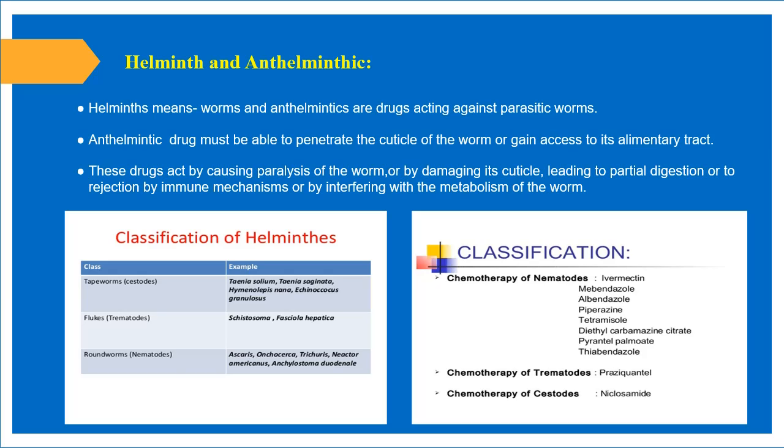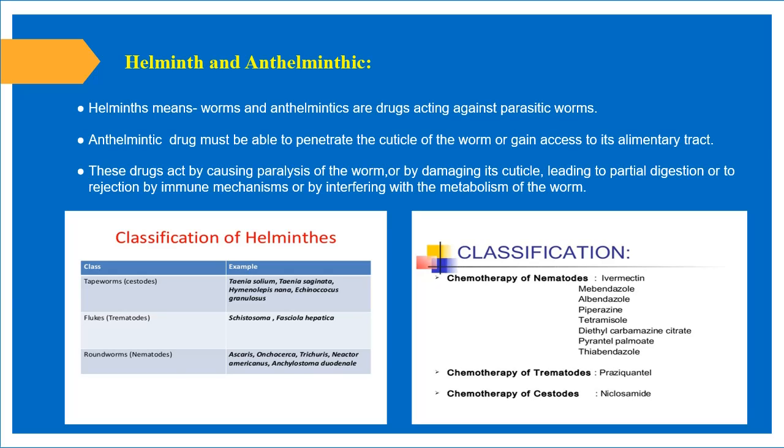Accordingly, these helminths produce certain diseases or infections due to infestation by the parasite. In case of nematodes it could be elephantiasis, loiasis or onchocerciasis, or in case of trematodes it could be schistosomiasis.